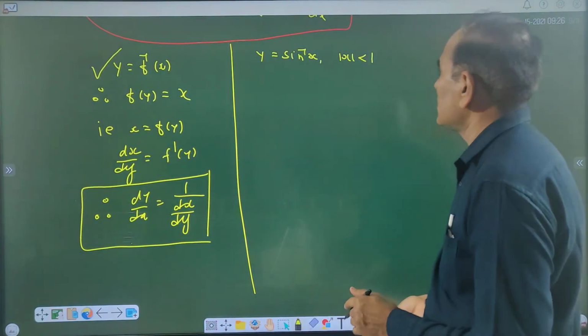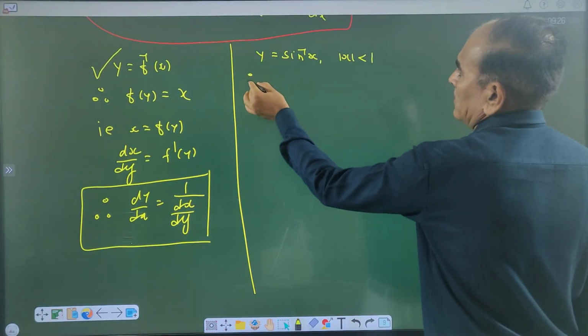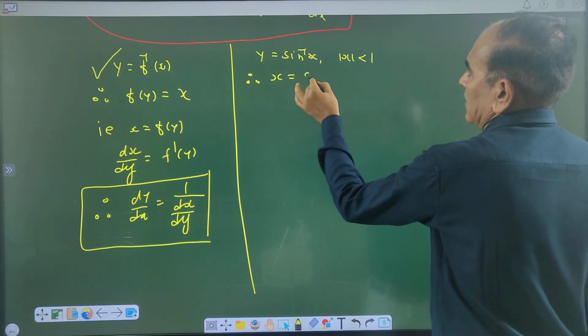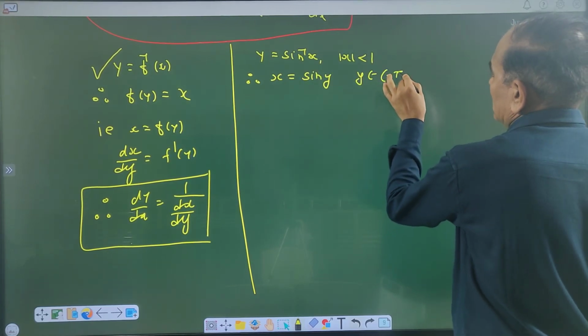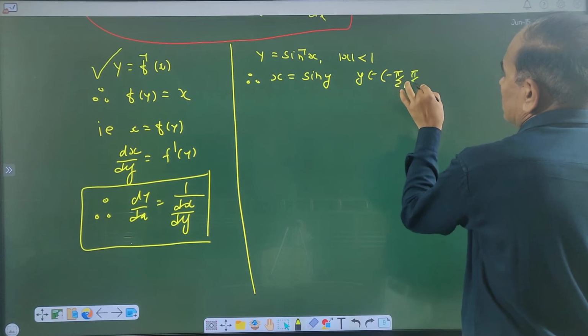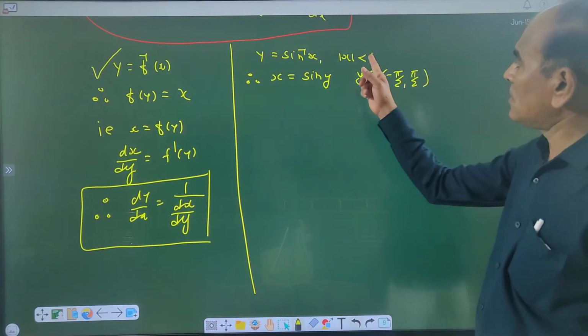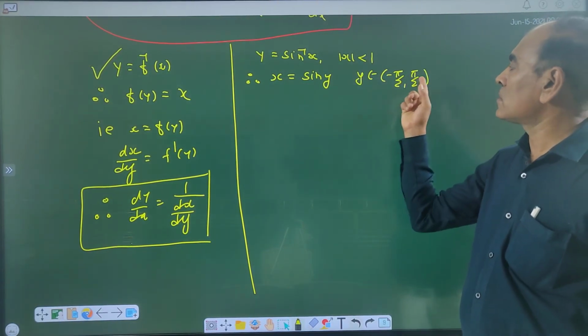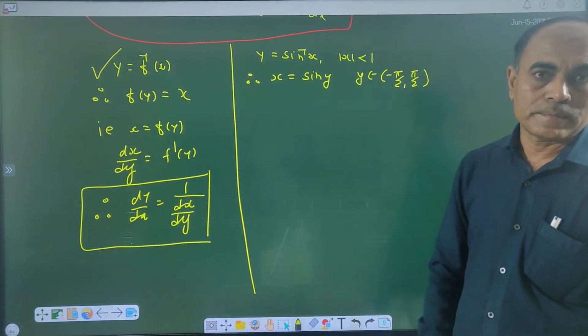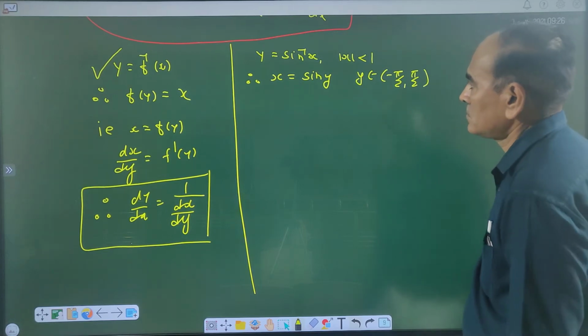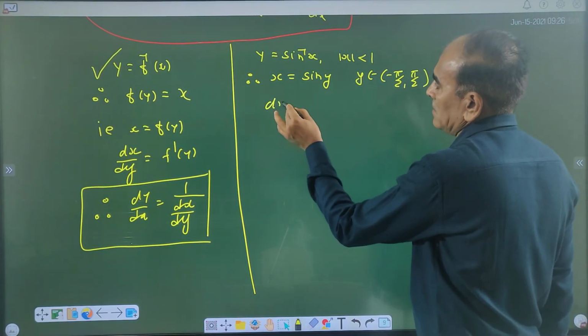So what we get is x is equal to sine y, and y belongs to the open interval minus pi by 2 to pi by 2. Because equal to 1 is not there, there is no minus pi by 2 as well as pi by 2. Yes. What is dx by dy?